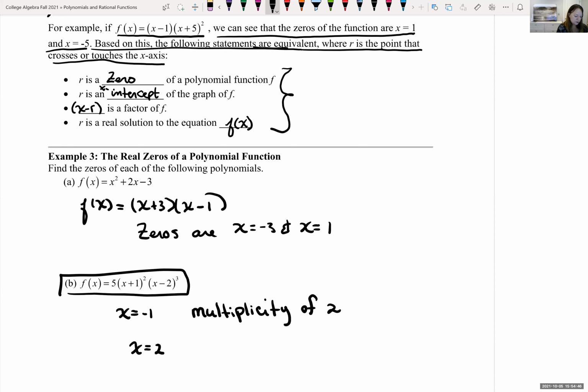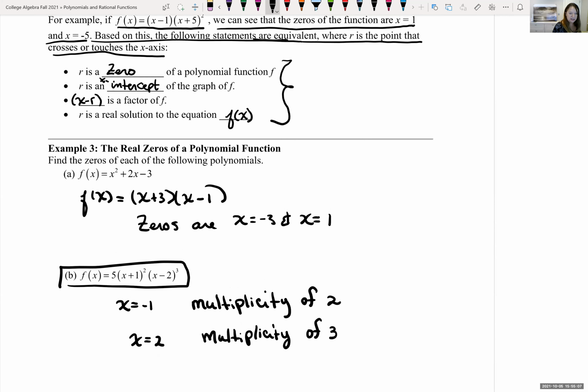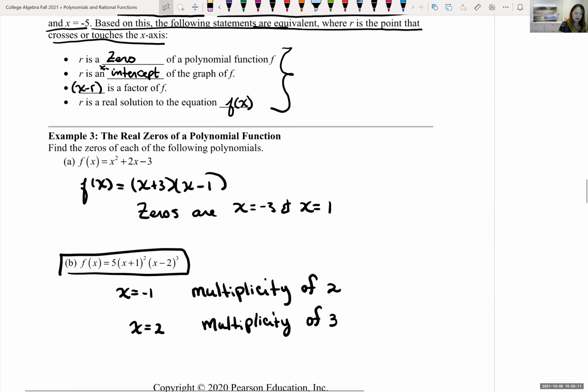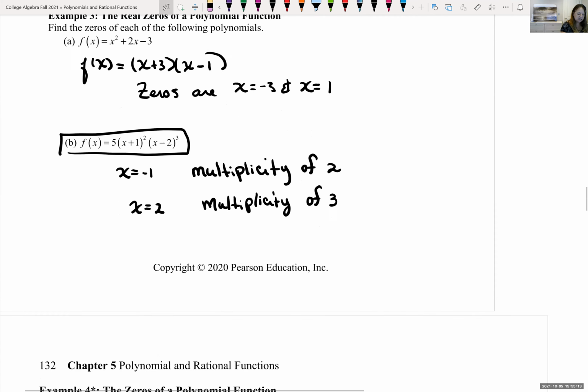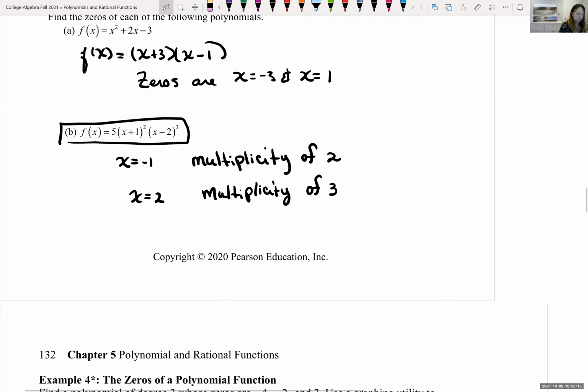So we would say x equals 2 has a multiplicity of the exponent, which is 3 in this case. So looking at multiplicity, we'll see that if it's odd, it's going to cross our x-axis. If the multiplicity of a 0 or factor is even, then it's going to just touch the x-axis.